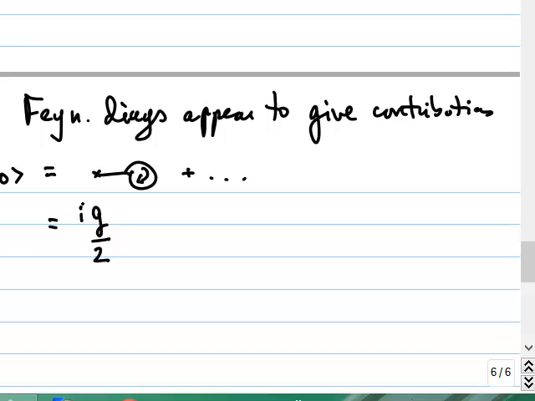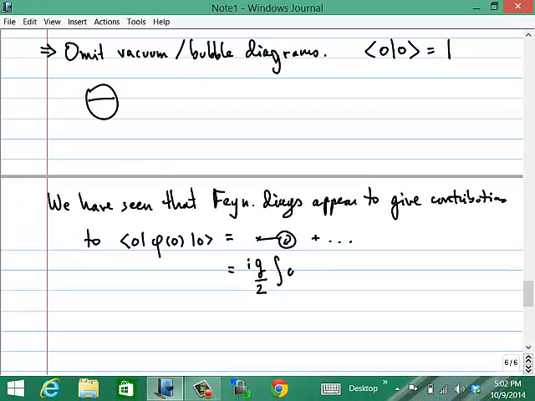And you would get a factor of i, and then an integral d4. Let me call this x just to make things clear, so I'll insert it at a point x. So you'll have an integral d4y of the propagator from x to y and the propagator from y to itself. So that's what you would get using the Feynman diagrams.